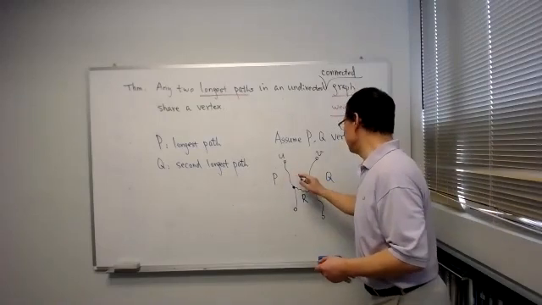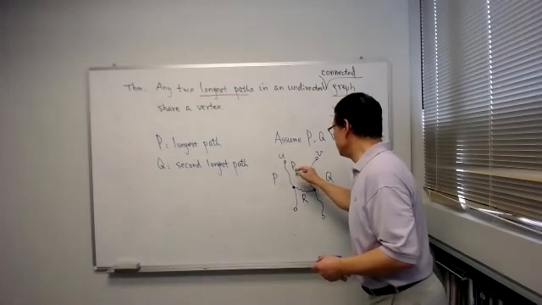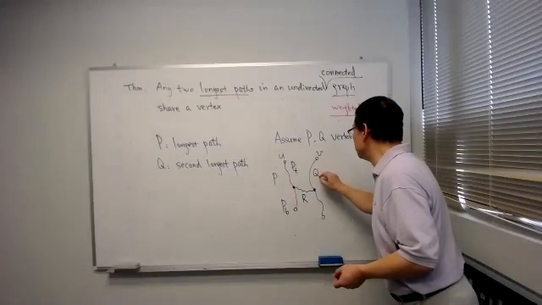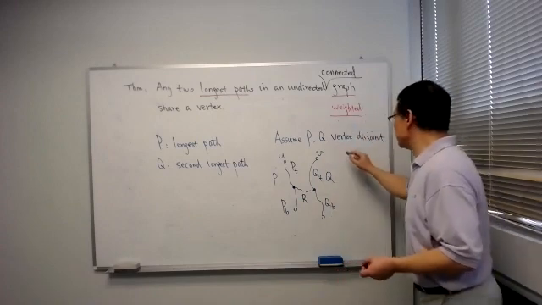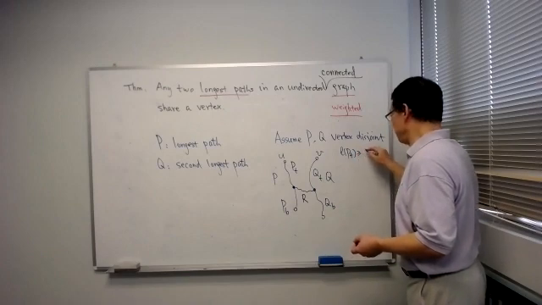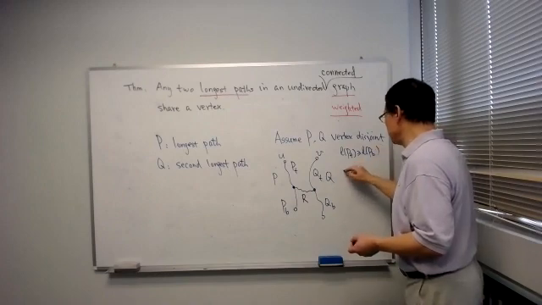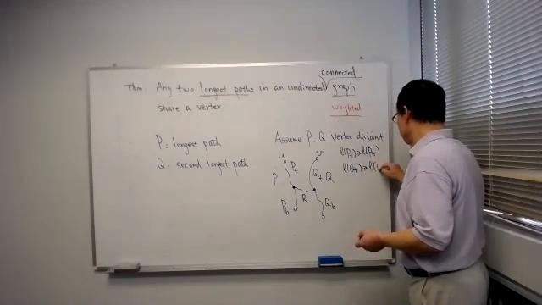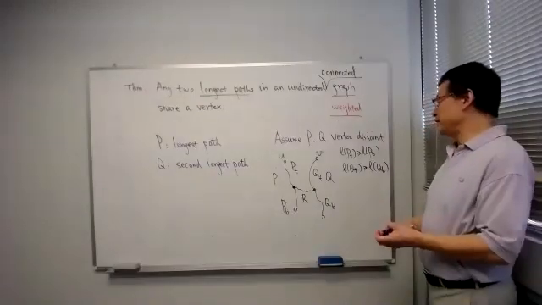Let's divide them into P top and P bottom, and here Q top and Q bottom. Assume that the length of P's top part is no less than the bottom one, similar to Q. All right, suppose we have this situation.